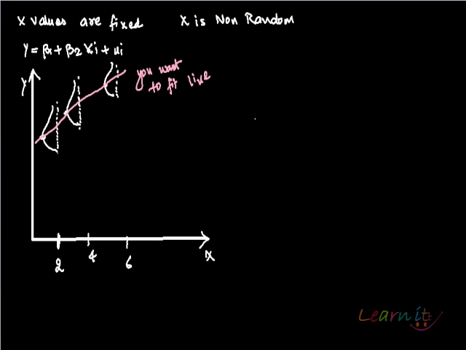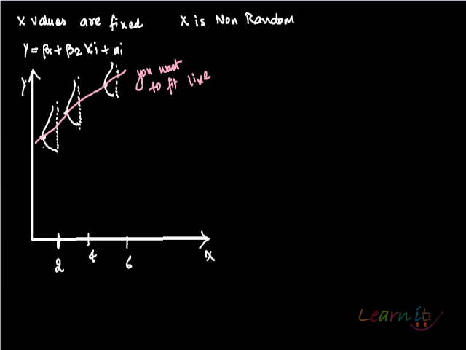For a given x, it has a certain y population, which is distributed around its mean value, with some y's above the mean value and some y's below the mean value. The distances above and below the mean values are nothing but the residuals.